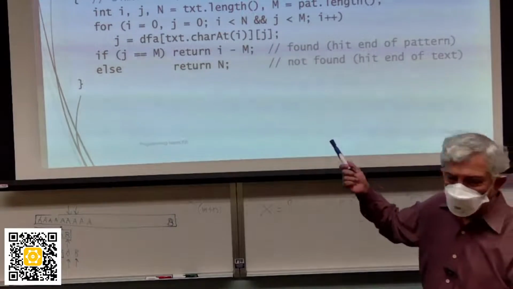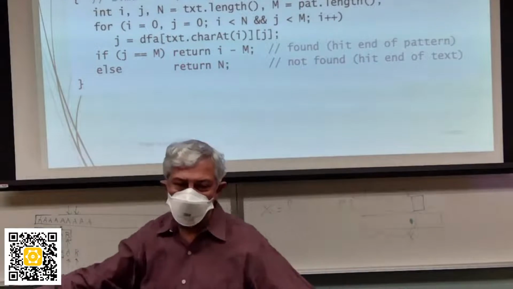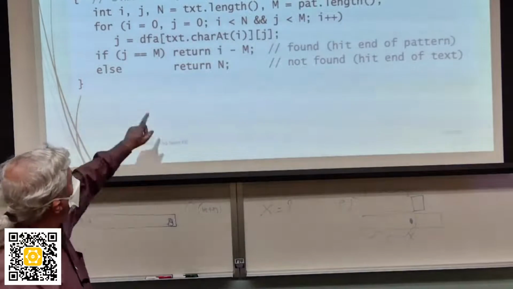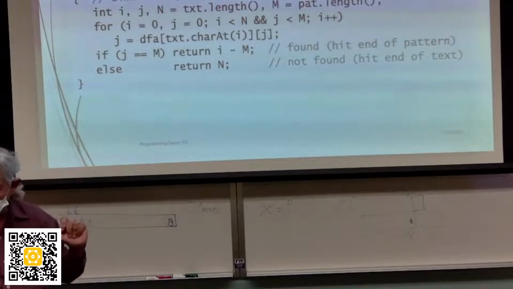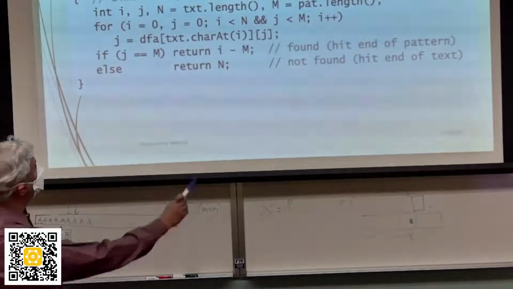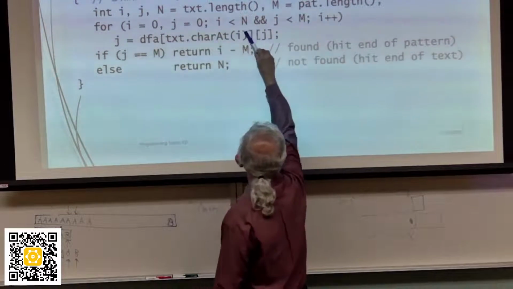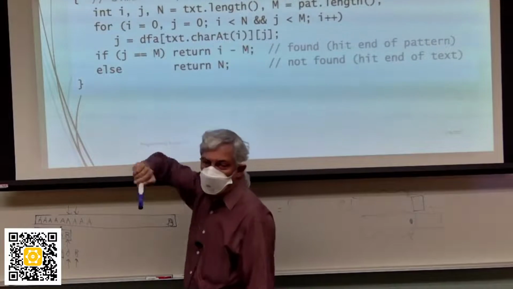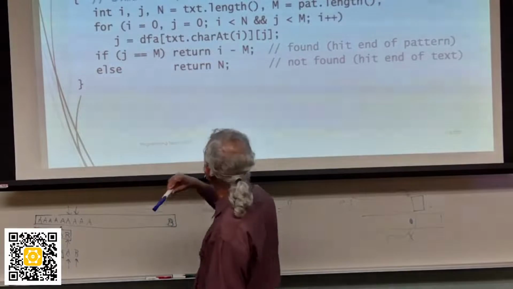This is the search part, where it takes whatever text you give me and uses the DFA that I created there and simply does my for loop, scanning the text from left to right. It says for i equals 0 all the way up to the end of the text, but it's also possible that I may reach the end of the pattern.